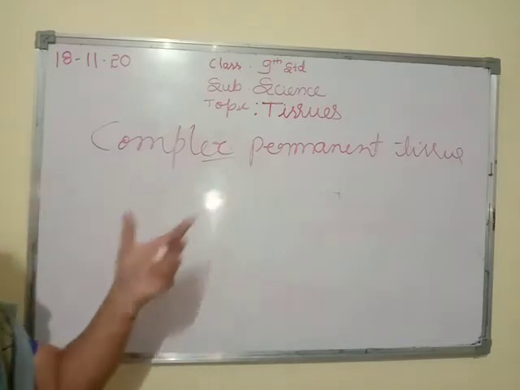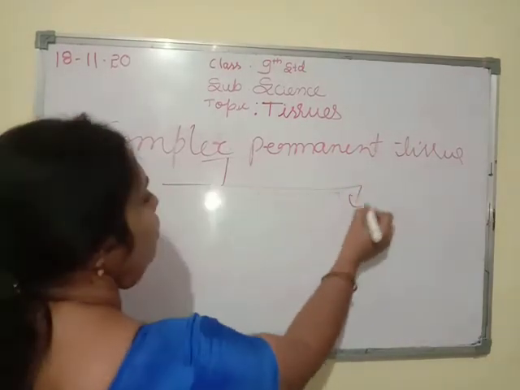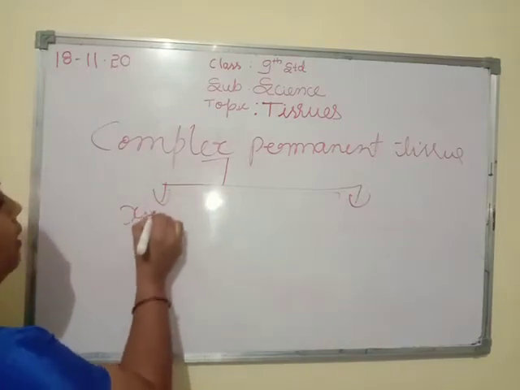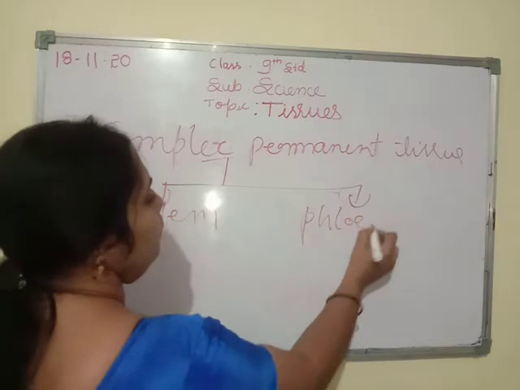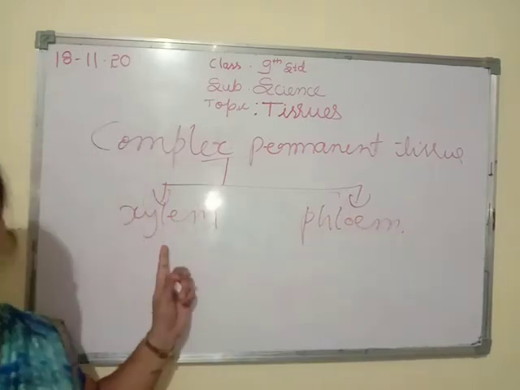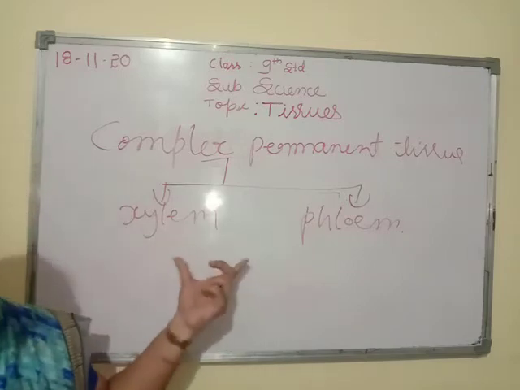Complex permanent tissue is classified again into two types. They are xylem and phloem. Its structure is very complex.